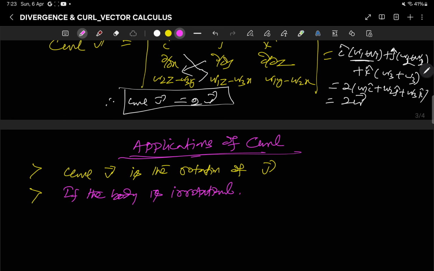Then the angular velocity W is equal to 0. Angular velocity is equal to 0.